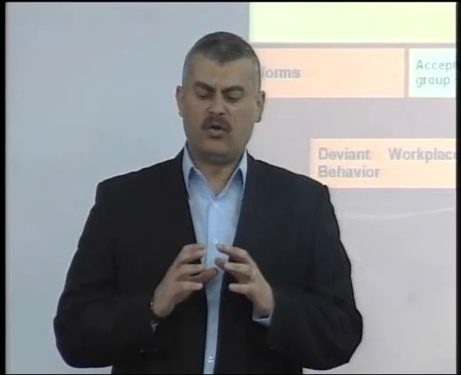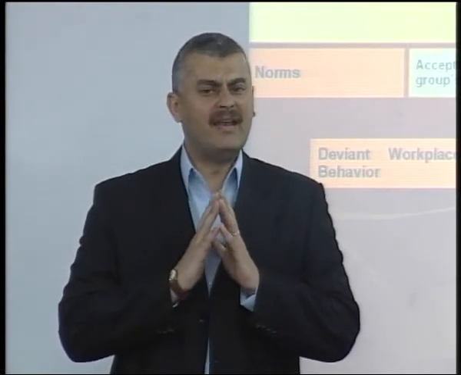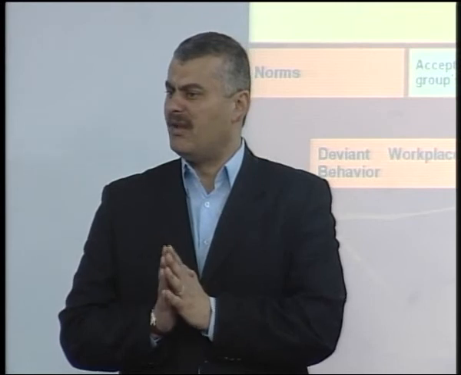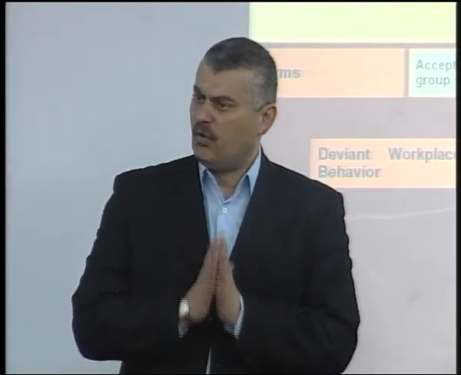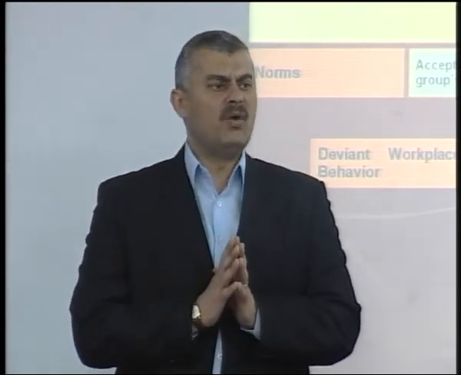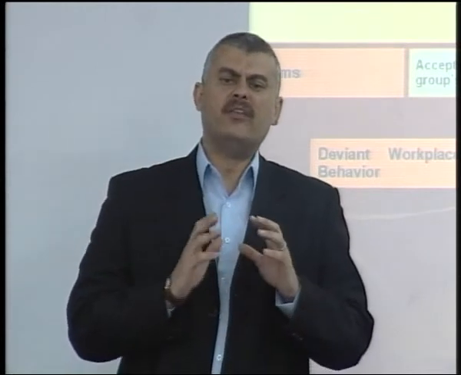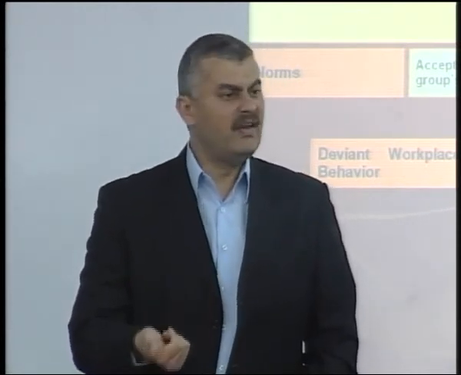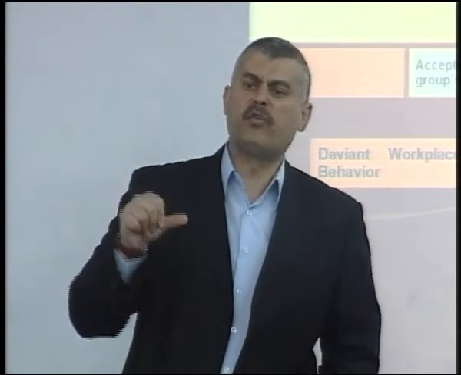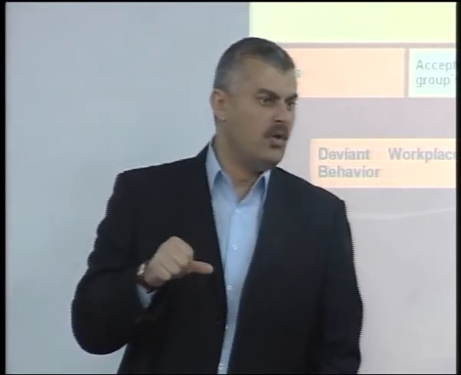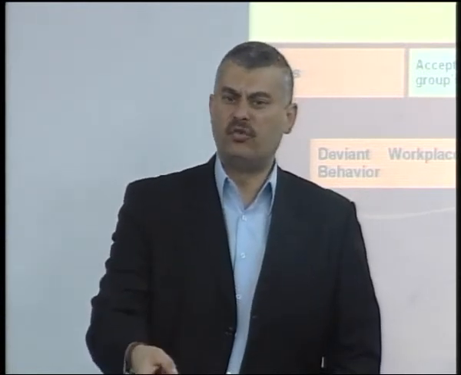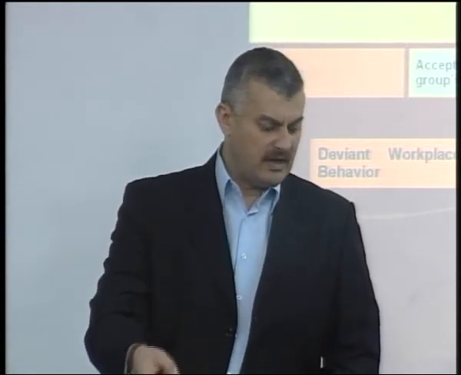In some cases individuals behave negatively because they are forced by the group to do so. And again, this is related to the conformity issue that we have discussed earlier.